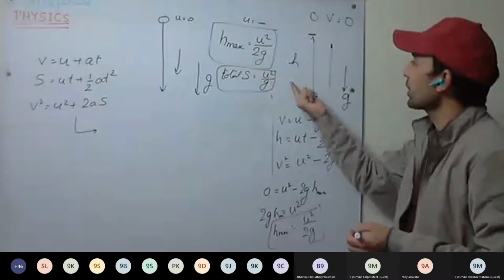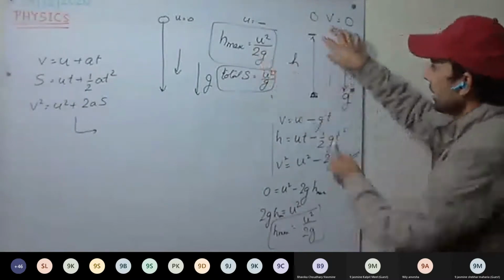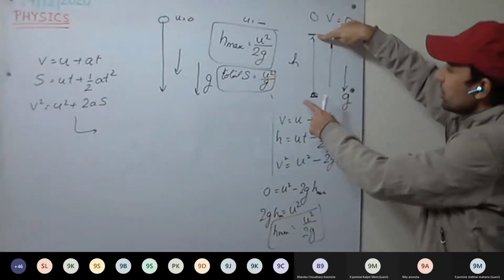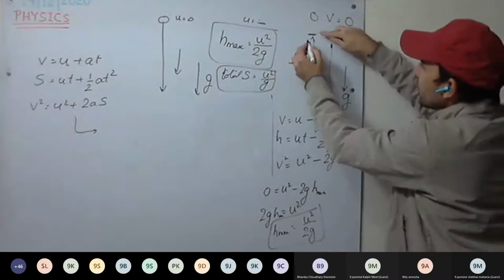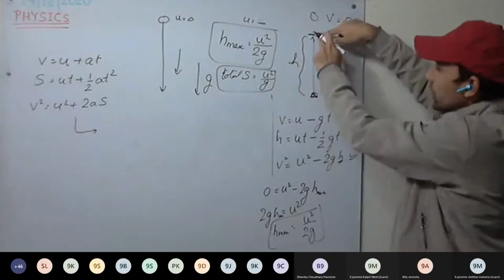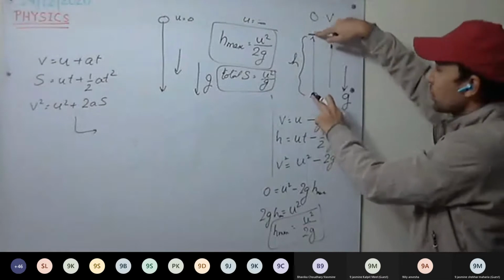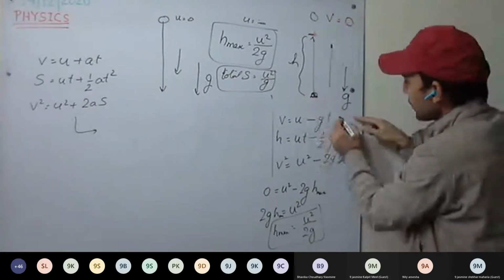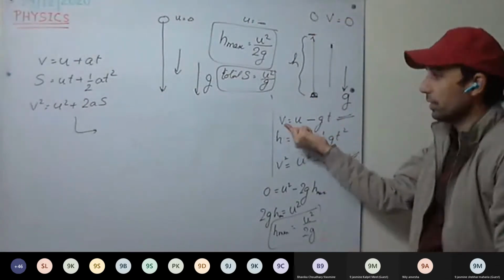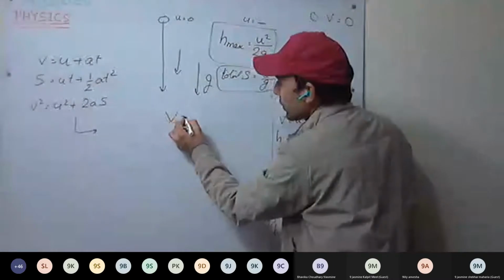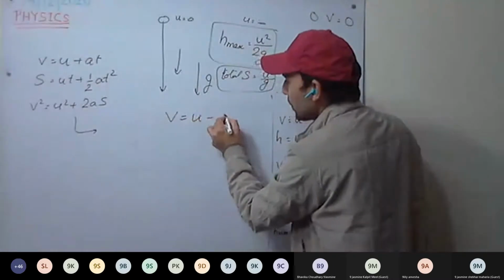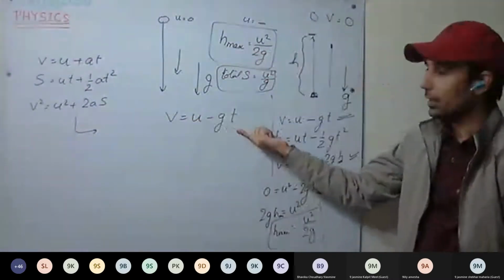Okay. So we have calculated h max as the maximum height reached by the body. Now we have to calculate the time for this journey from the initial start to the maximum height reached. So how can we calculate the time? Now you see the first equation. Using the first equation, v equal to u minus gt. This is clear.